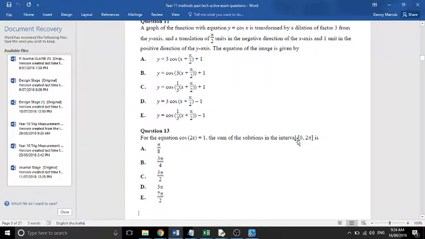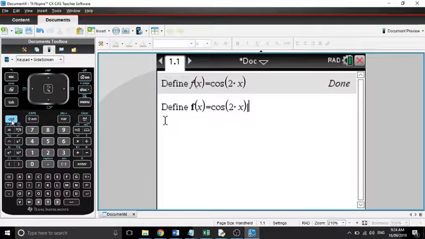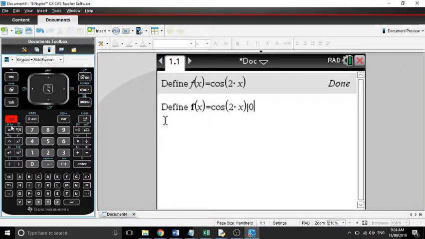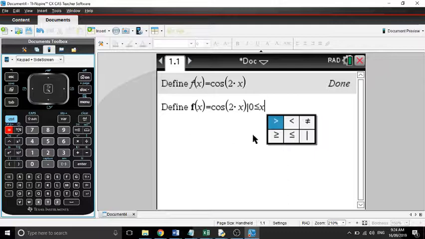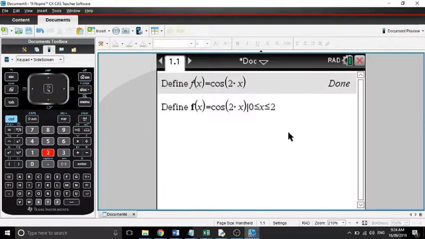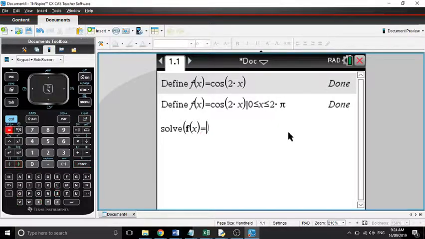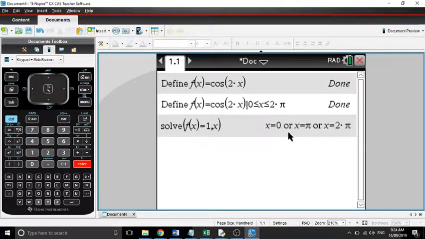I'm going to say it's between 0 and 2 pi, so 0 less than or equal to x less than or equal to 2 pi, and I'm going to say solve f of x equals 1 for x. That's my solutions: 0, pi, or 2 pi.